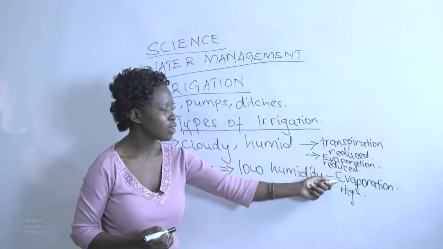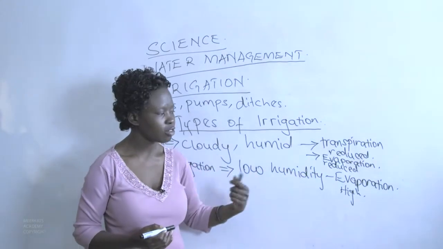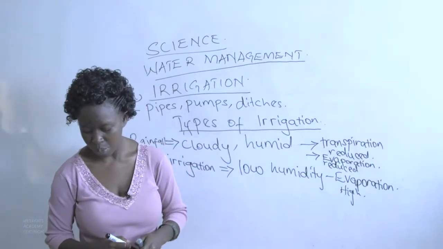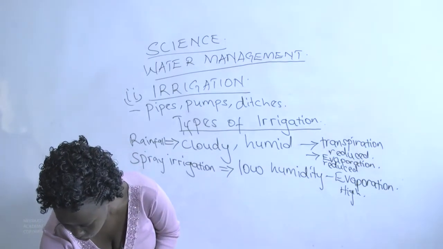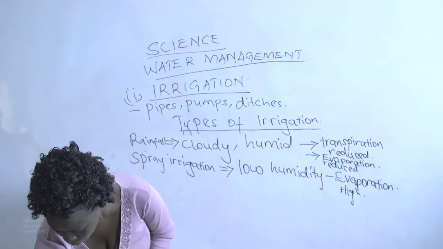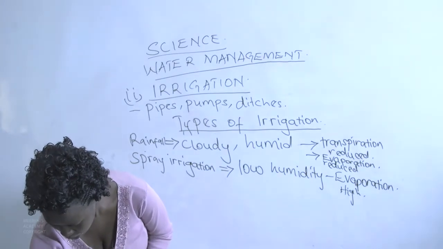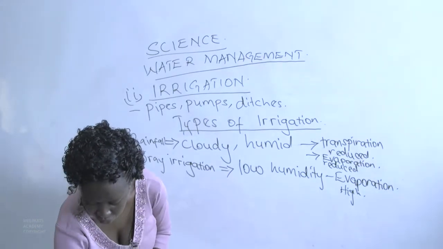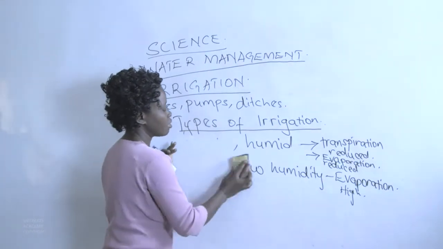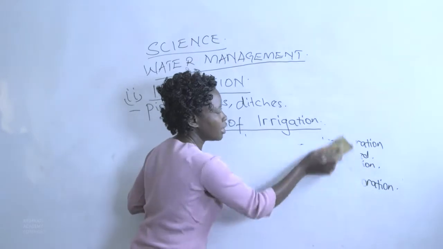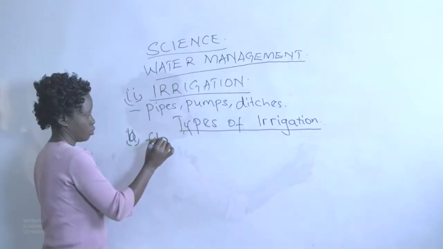So it means that the rate of evaporation and rate of transpiration at the same time will be high. So that is the difference between the spray irrigation and rainfall. The other type of irrigation we have is flood irrigation.